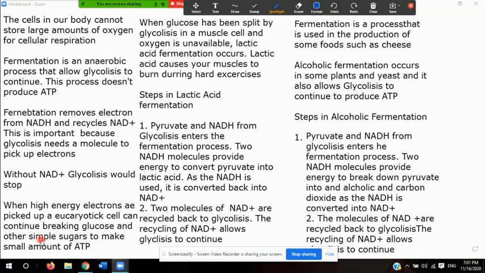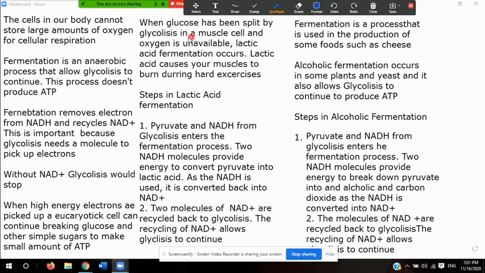Because we are eukaryotic cell organisms, we can use other molecules besides glucose to break down small sugars, right? But again, it's very important for this to occur so glycolysis can continue, and glycolysis is what produces the energy in the absence of oxygen.